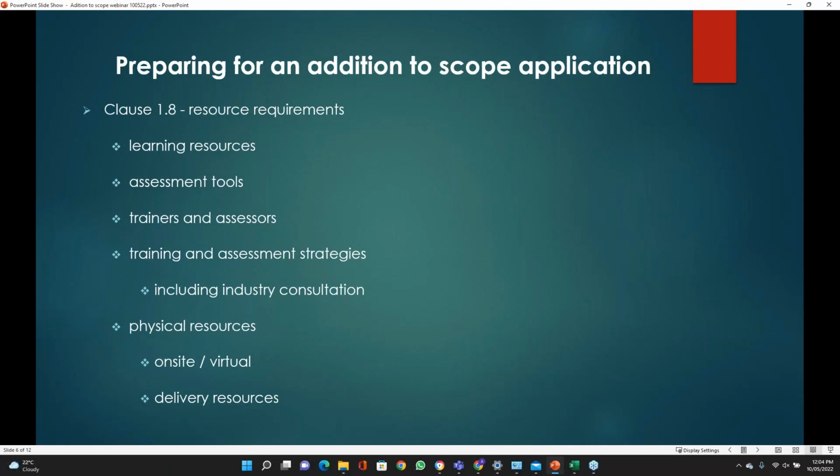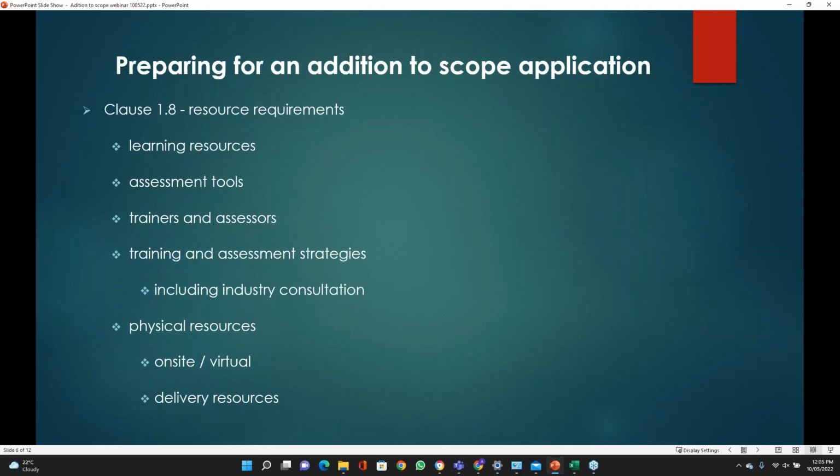And don't forget, when we do our TASs, our training and assessment strategies, it is absolutely vital that we do our industry consultation. And remember that your TAS does actually reflect the industry consultation that you've done. So when you are getting ready to apply for your addition to scope, your TAS is one of the vital documents that you need to have ready as well.